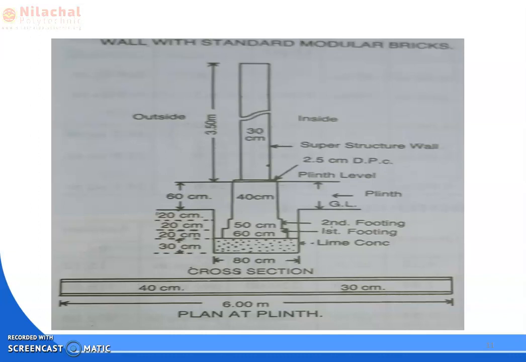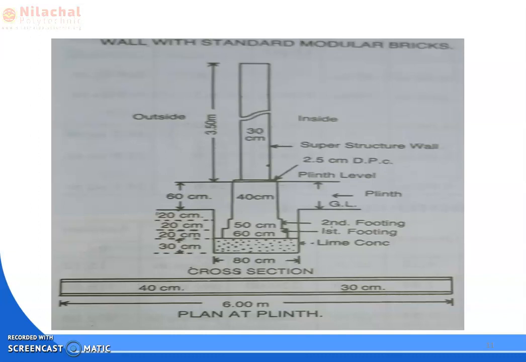But here the 40 centimeter wall continues below the ground level with 20 centimeter thickness. So the plinth wall we consider from below the ground level. Below the ground level the length is the same, constant 6 meter.